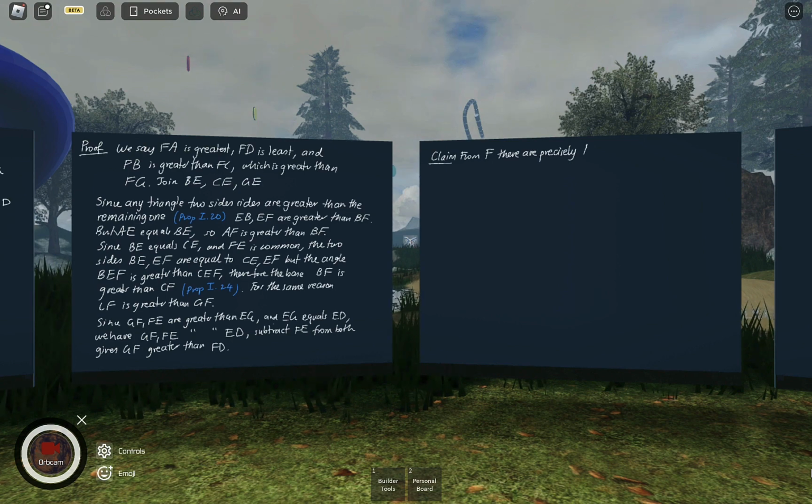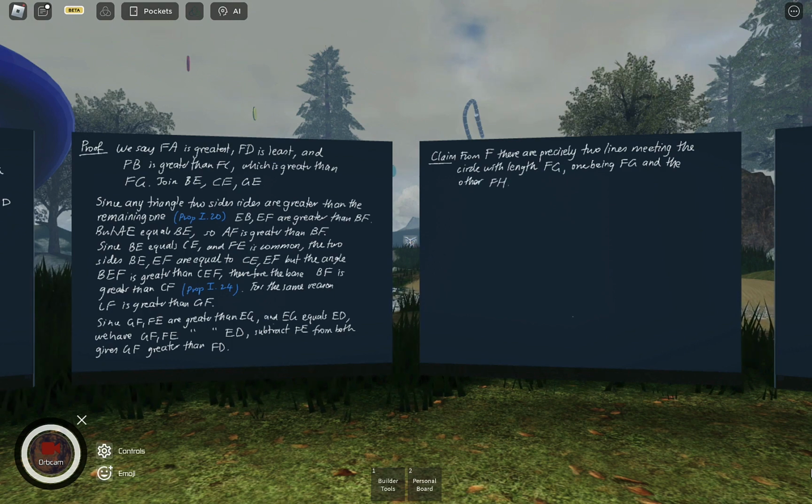From F, there are precisely two lines meeting the circle with the same length as FG. FG itself and the other FH.